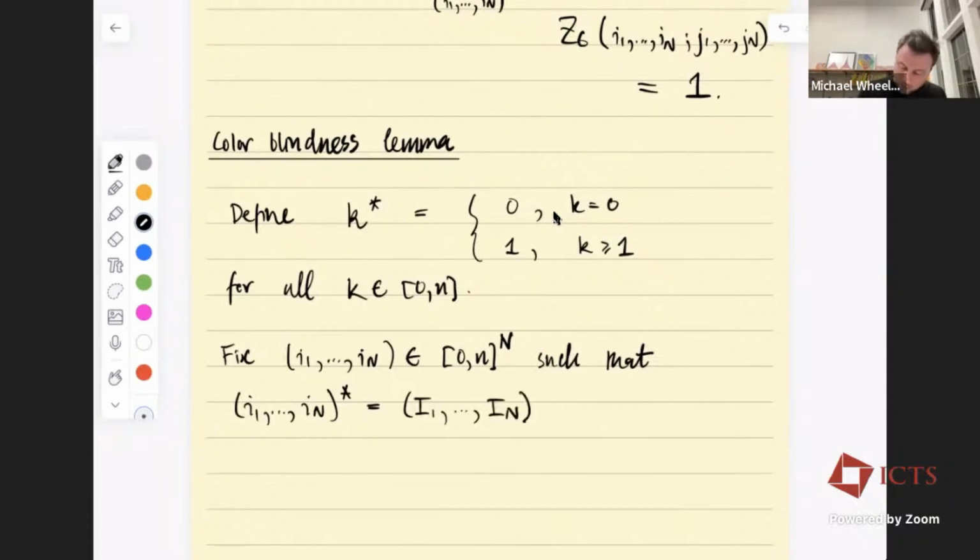And that one lives in this colorless set, so just 0, 1 to the n. Okay, so the original vector lives in the colored model, and this capitalized vector lives in the colorblind projection. So equivalently, this will live in the 6-vertex model, whereas this one lives in the colored model.